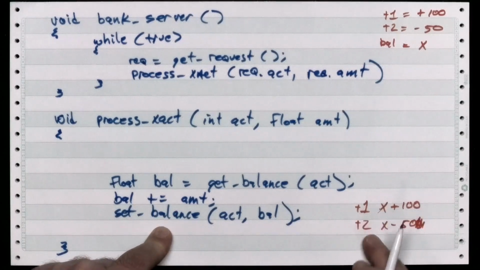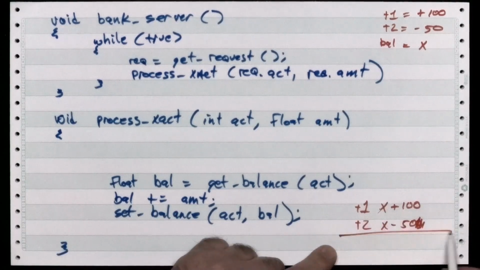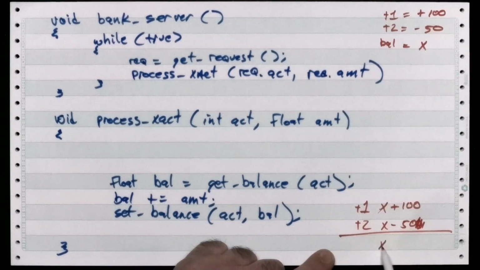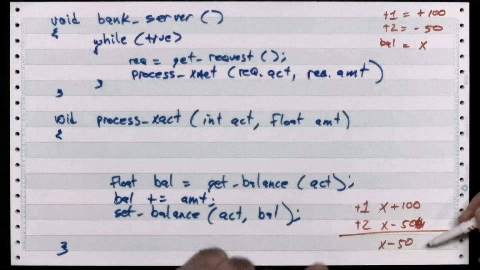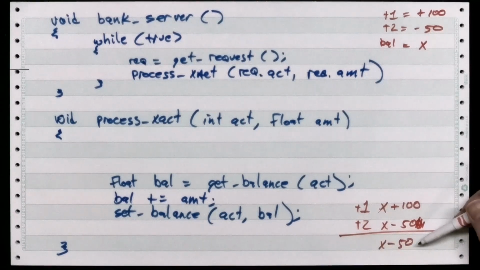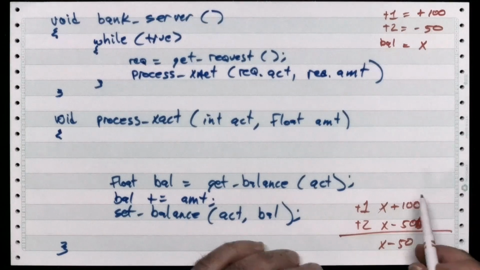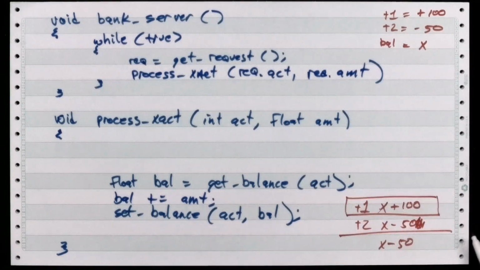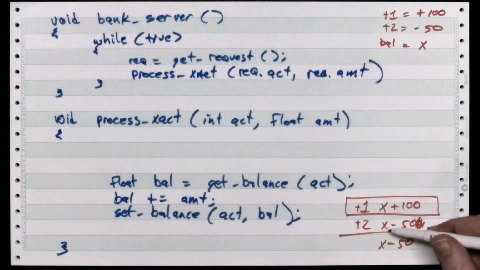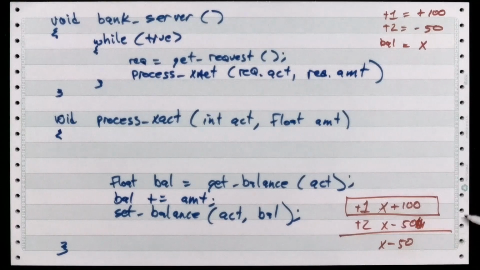Now, if it happened in this exact order, the balance in the end would be X minus 50. Maybe the bank would appreciate that, but you wouldn't, right? Because this whole deposit would have been ignored, because it would have been overwritten when it wrote X minus 50. What you really want is X minus 50 plus 100 to be in your bank.